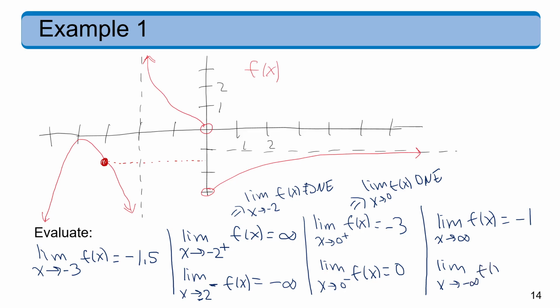So now we're going off to the left infinitely far, which means we'd be following this curve, and notice it's not leveling off, the y values are going downward infinitely. So that limit would be negative infinity. So those last two are referred to as limits at infinity because x was going to plus or minus infinity. So this is an example of evaluating limits based on a graph rather than a formula.